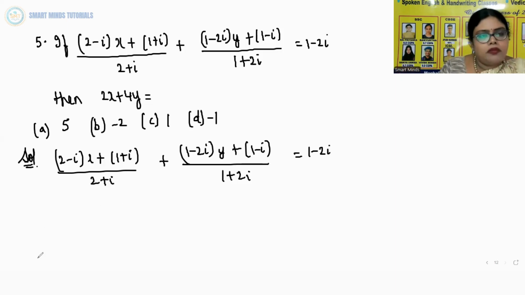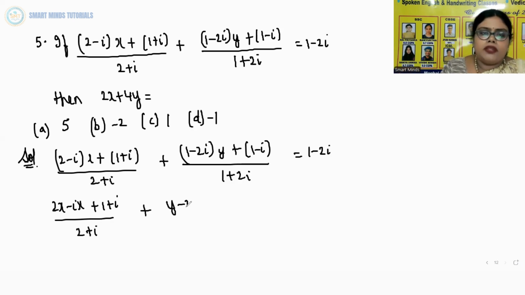Now we will rationalize both the terms. Like the first term, we will multiply and divide with 2 minus i. Or else we can do one thing, we can separate all real and imaginary parts. So 2x minus ix plus (1 plus i) by (2 plus i) plus y minus 2iy plus (1 minus i) by (1 plus 2i) equals 1 minus 2i.